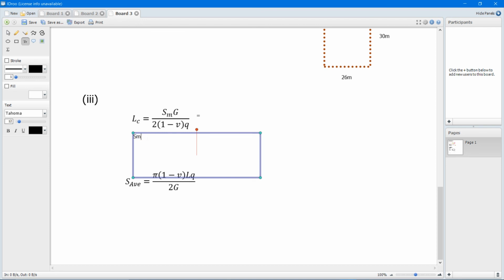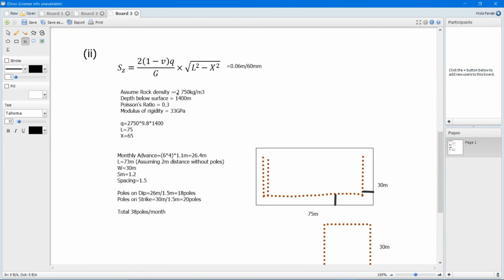Which is 1.2, right? From the previous question, we know that our stoping height is 1.2. We do have G. G is equal to 33 times 10 to the power of 9.